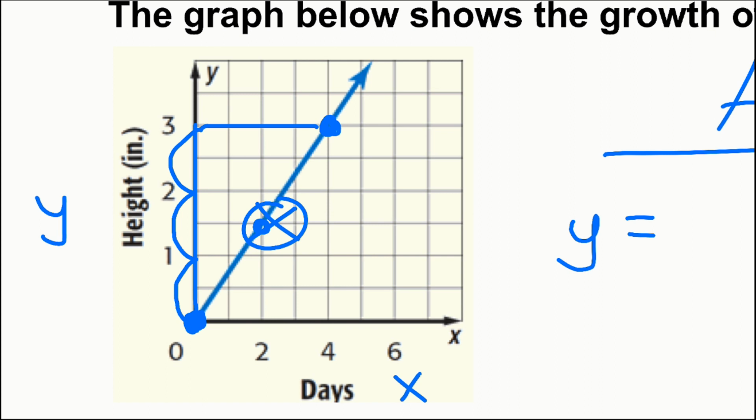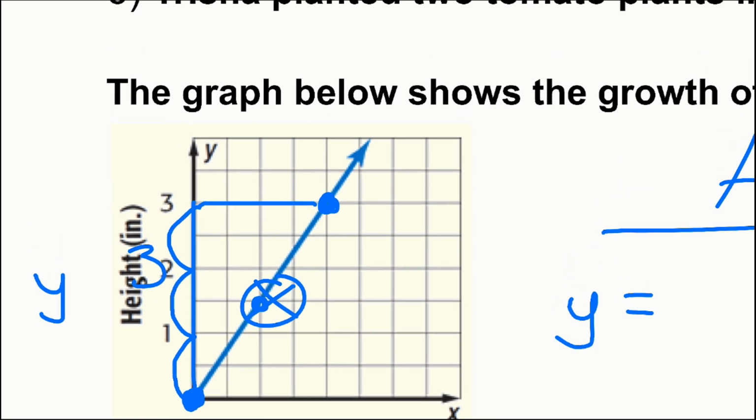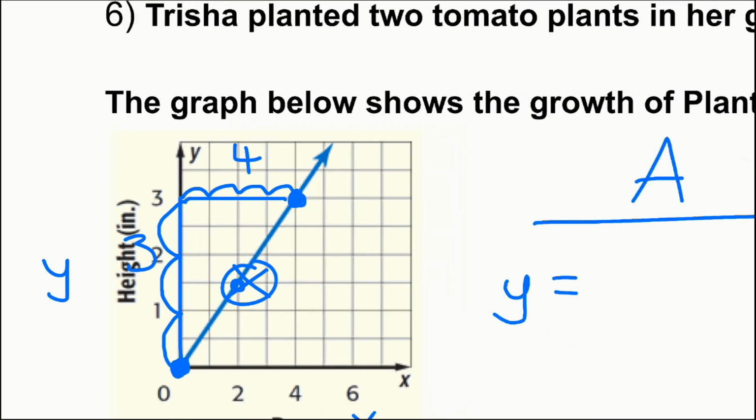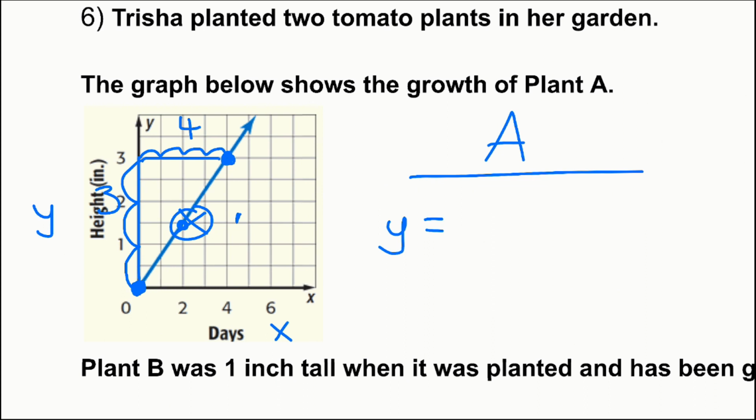So my rise is going to be 3. And then my run, which is my x's, is going to be 1, 2, 3, 4. Right? So the slope is going to be 3 over 4. It's my rise over my run. So we've got 3/4 x.